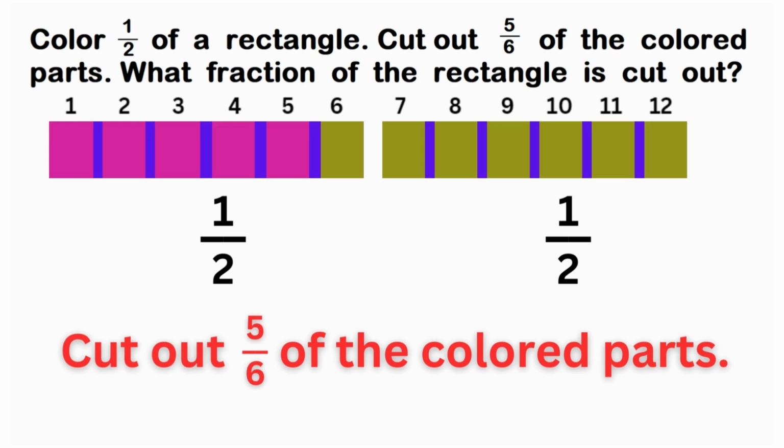We only go up to 5, because only 5/6 is to be cut out. But remember, there are 12 units, 12 bars.